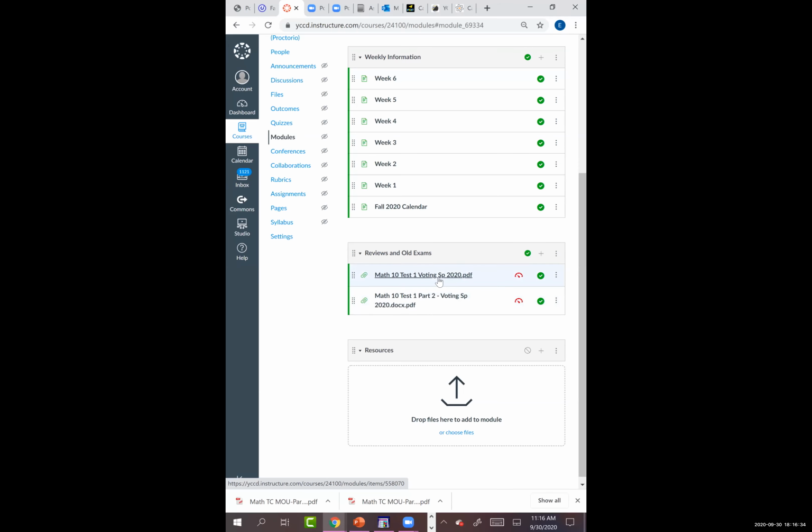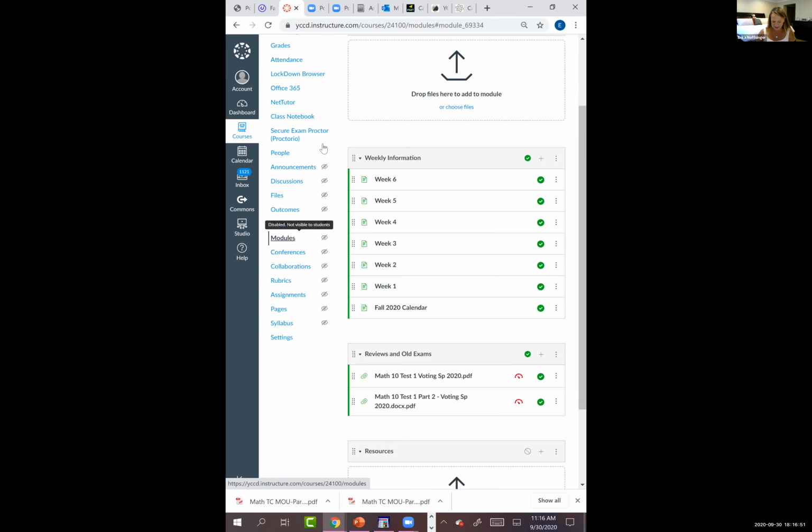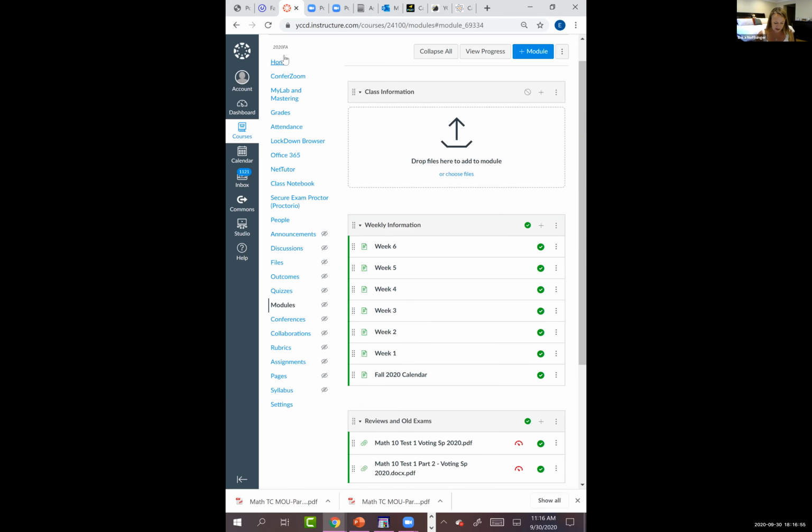Okay, so it's under modules. Yeah, I don't think you can get to modules because, see how that has a line through it? Oh, okay. So you have to get to it by clicking on the resources, the tests. And then that will bring you to the module page, I think. I mean, I should view this as a student.